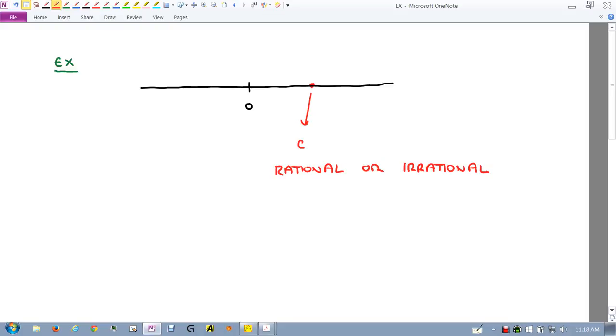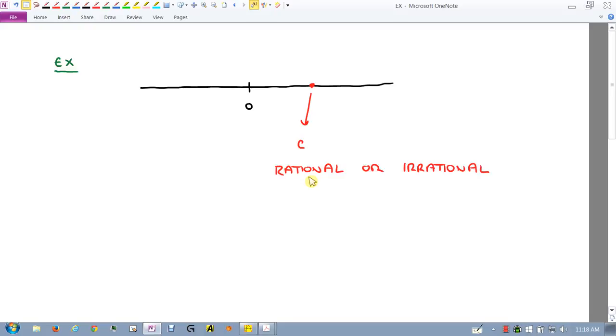Rational or irrational. A rational number is a number that can be represented as a fraction. A lot of people think that any number you pick out of the number line, there's always a fraction that corresponds to that number. That's not the case. The fractions make up a lot of the number line, but there's a lot of other numbers in there that you cannot represent as a fraction.